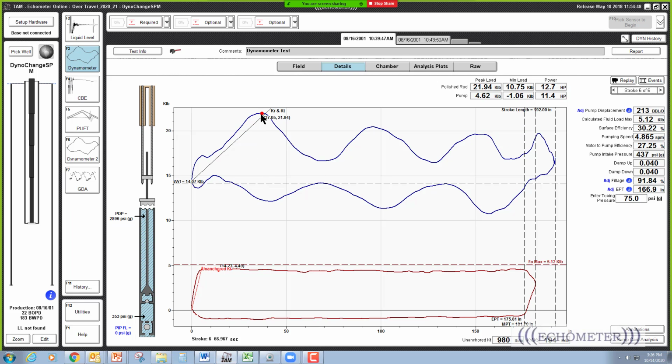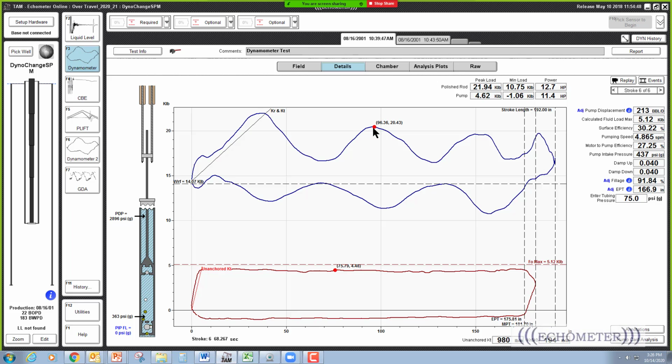This force here on the rod string is at the surface, and it just doesn't disappear. It travels back down the rod string, all the way down to the pump, and comes back up, and it takes from this point to that point that much time to travel round trip.